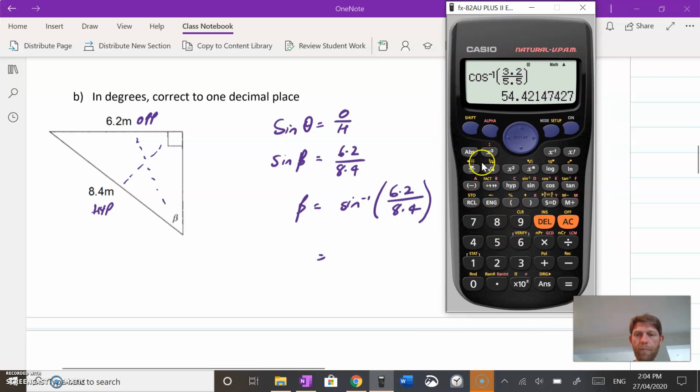So we've got shift sine, 6.2 over 8.4, close our brackets, and it wants us in degrees to one decimal place. So 47.56 is going to round up, so that'll be 47.6 degrees.